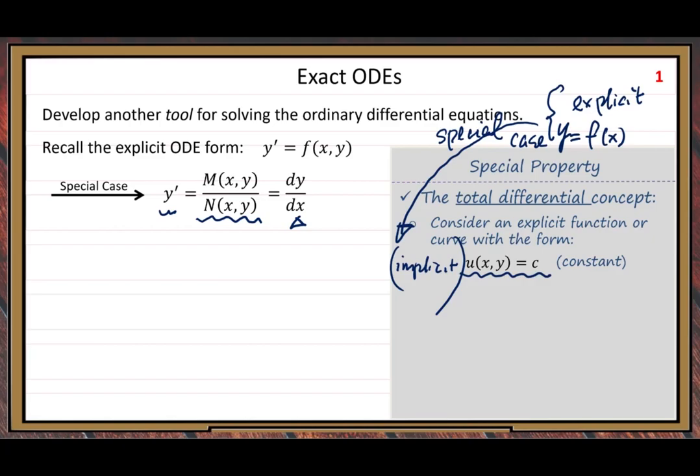Most cannot be converted to an explicit function form. So here you can see we extend our consideration from explicit form to implicit form. So our consideration is larger here.